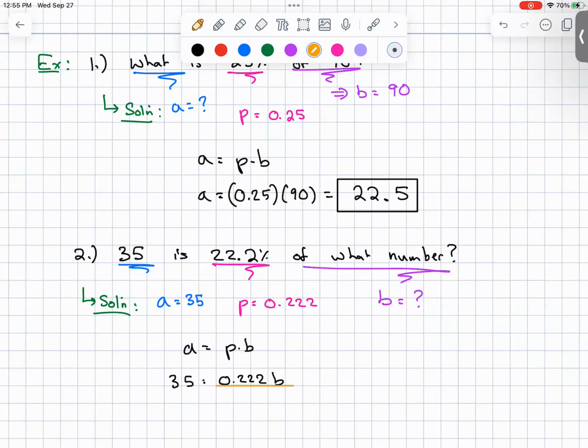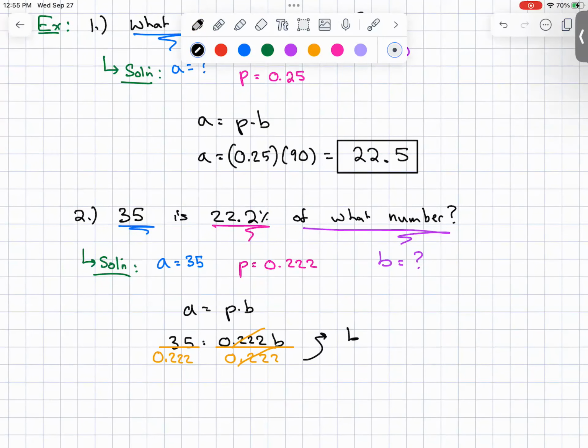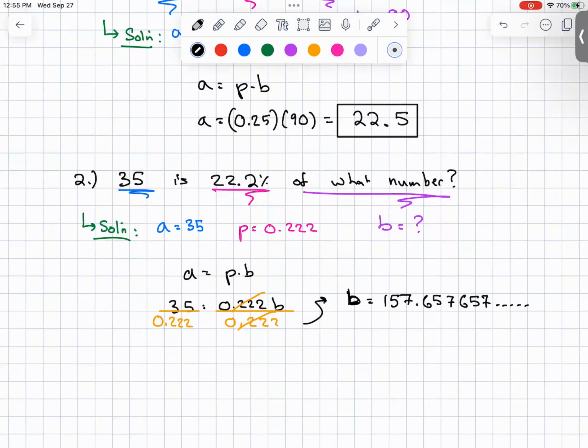Divide by 0.222 on both sides. It cancels, and we get that B is equal to 35 divided by 0.222, which is 157.657657 on and on forever. So that's approximately 157.66.